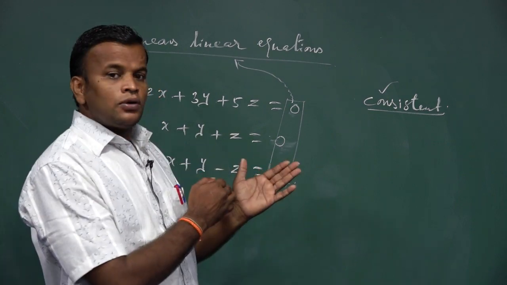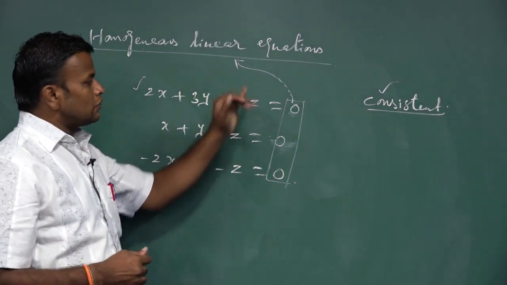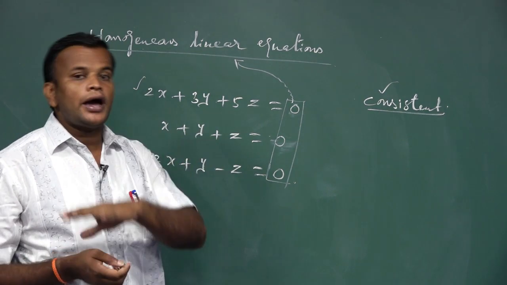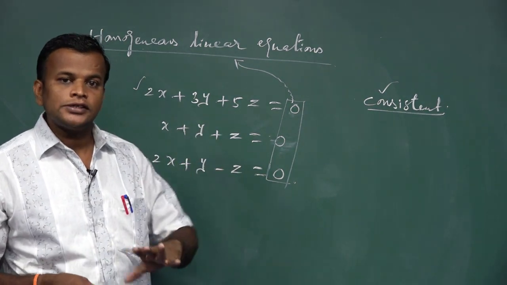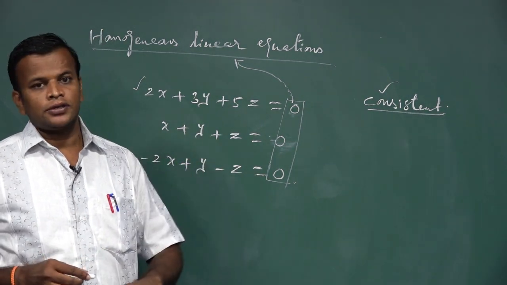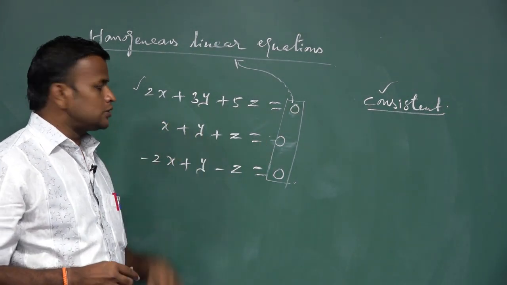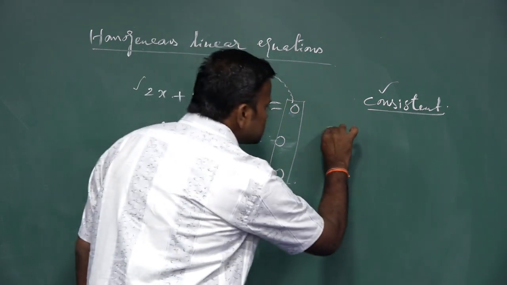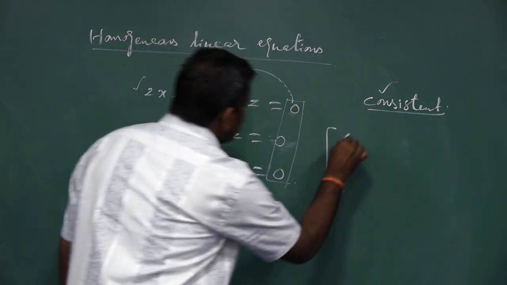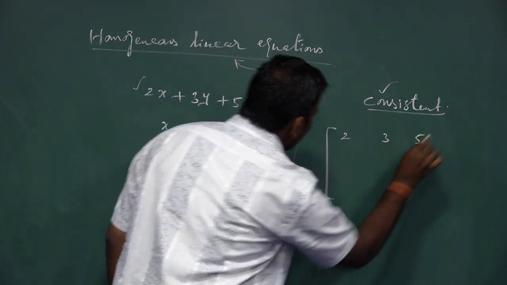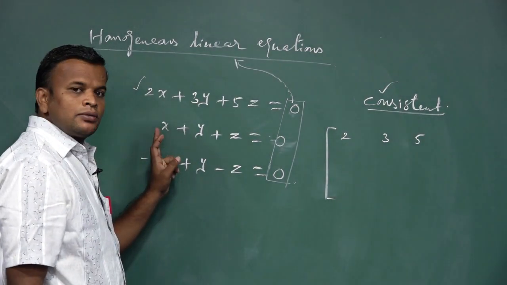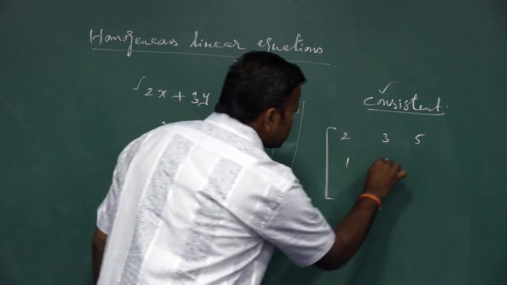Before, in non-homogeneous linear equations, we wrote the matrix form as Ax is equal to B. How do we write it in matrix form here? Suppose the first equation is 2, 3, 5. Second equation 1, 1, 1.